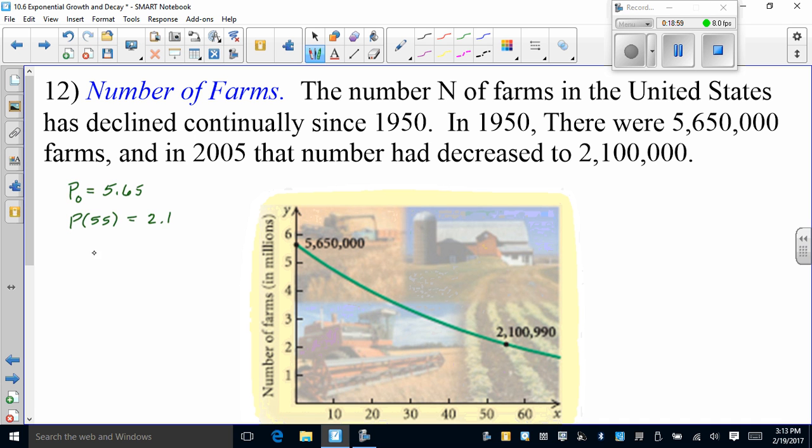We don't know what k is. So we'll put it into the nice little calculator thing here. So I get our equation, 2.1 equals 5.65 e to the 55k.